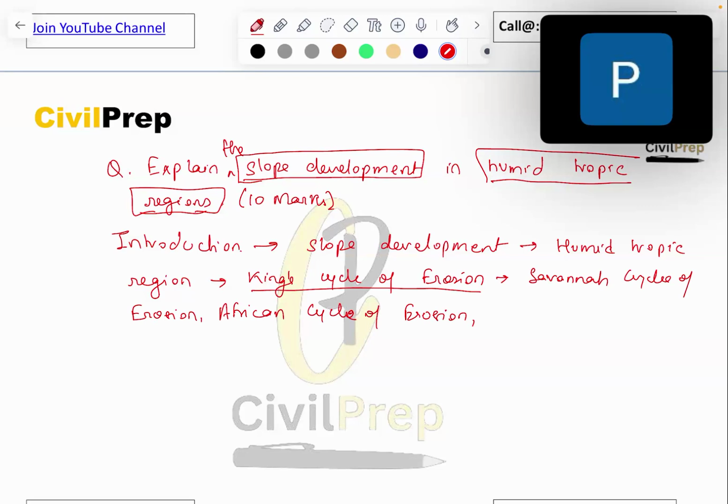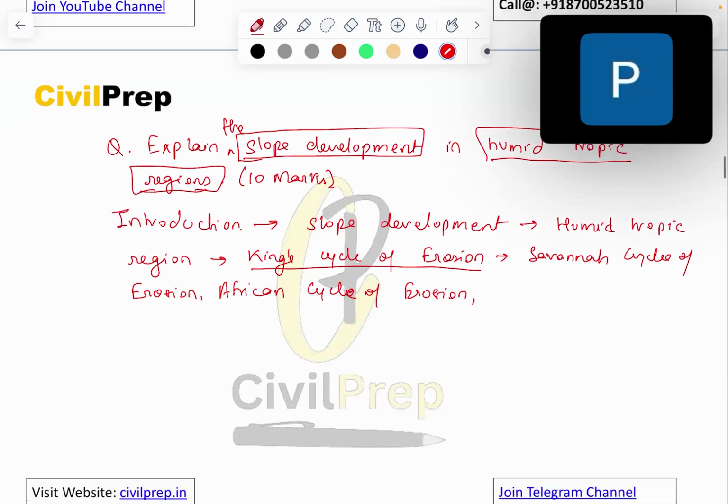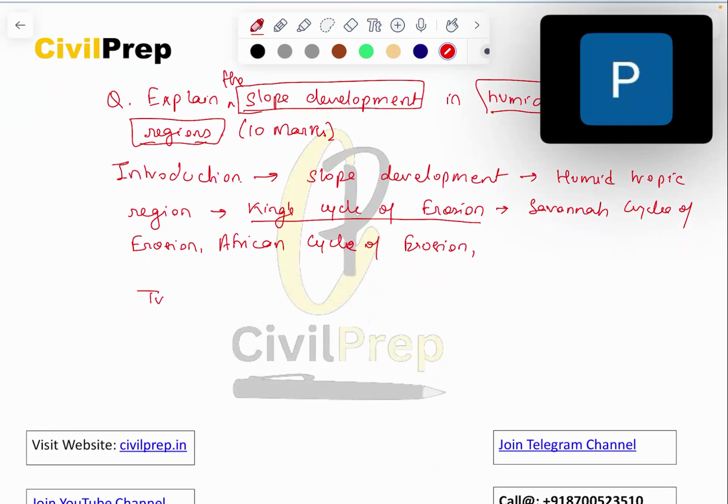Now, the important part for me is to see what the conditions of the tropical region are, the conditions for the humid tropical region.